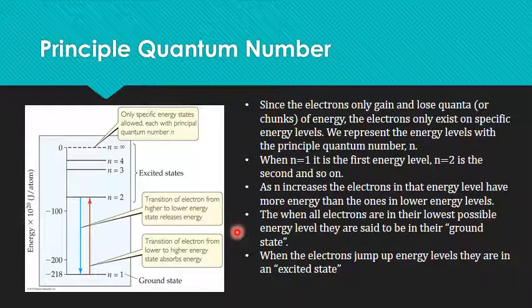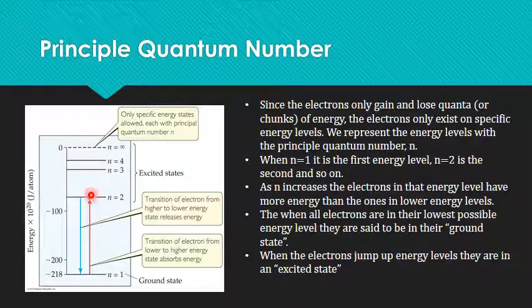When all the electrons are in their lowest possible energy level, so none of them are excited, then we call it their ground state. They have been grounded. When the electrons jump up energy levels, they are in an excited state. So you give them energy, they jump up an energy level, then they can release that extra energy, fall back down, and give off light at that point.